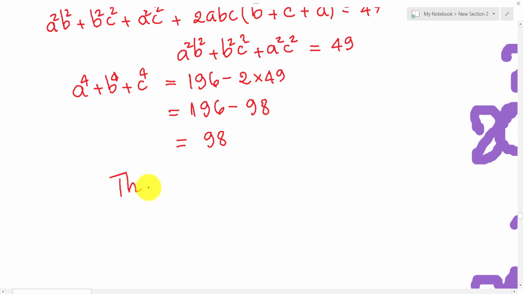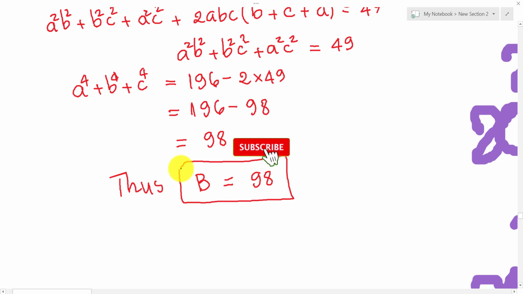Thus a power 4 plus b power 4 plus c power 4 equals 98 is our solution.